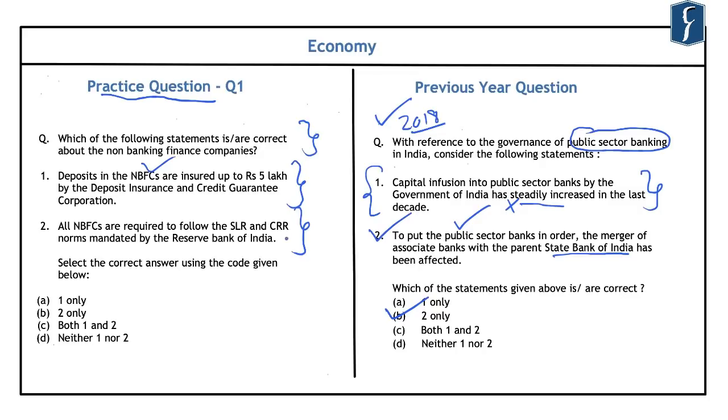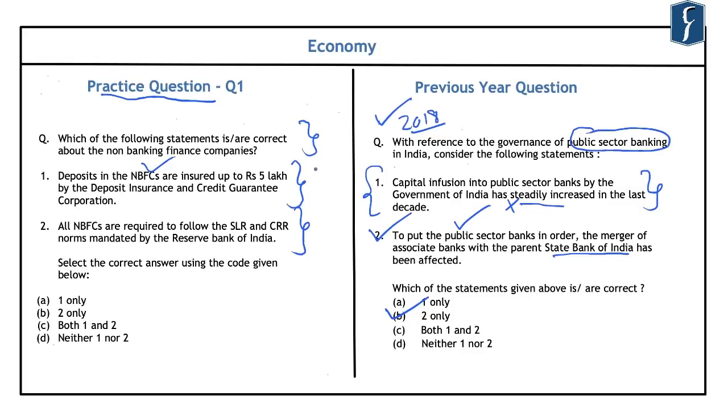And in this question, the first statement is based on the deposits in the banking sector which are insured by the Deposit Insurance and Credit Guarantee Corporation. And this limit of insurance up to rupees 5 lakh was recently increased from rupees 1 lakh by an RBI order. And the issue of insurance of the deposits was in news related to the PMC banking crisis that happened in Maharashtra.